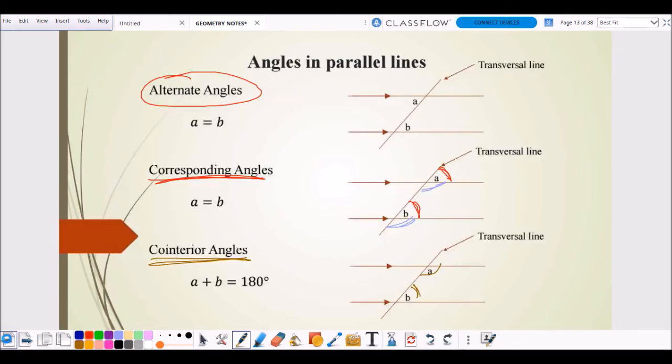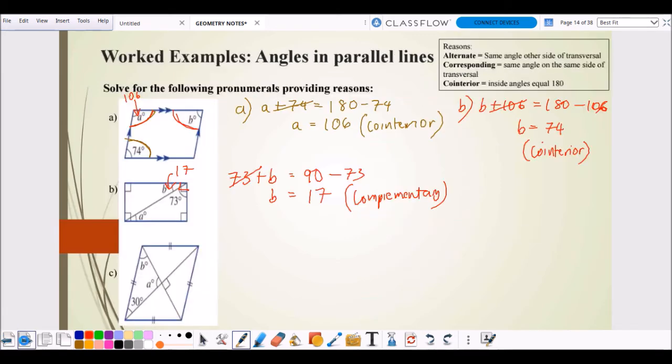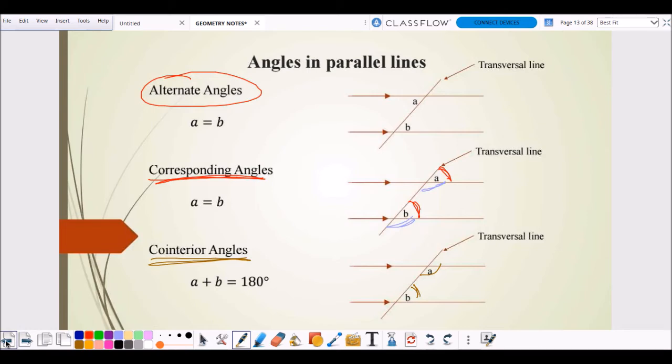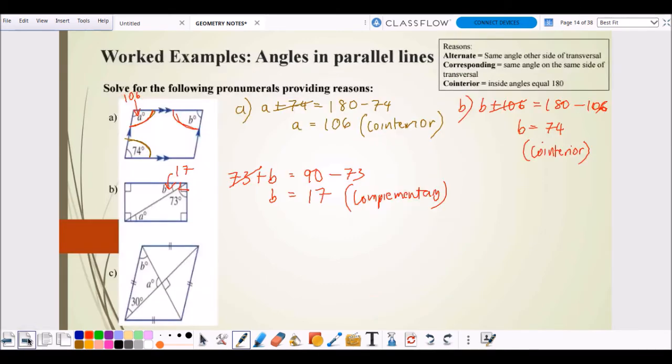Well, if you have a look at this diagram, this angle and this angle are the same. So the reasoning for that is it's alternate. Therefore, if you look at this angle here, right there, it is actually the same as this angle here as well, and they are alternate angles.